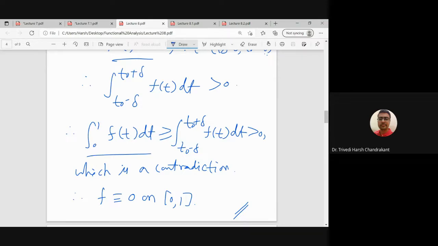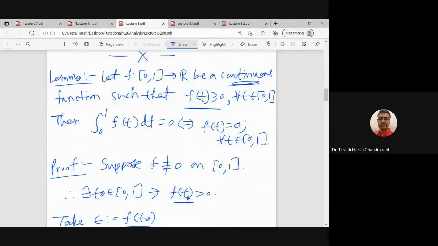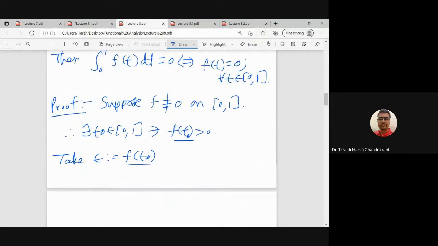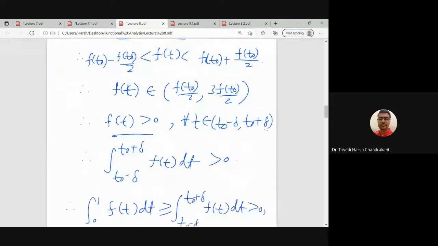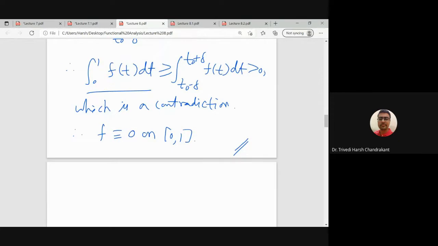Yeah, so here the criterion that the function is continuous is very important. If we relax this condition and if we assume that the function is Riemann integrable, then this result is not true.